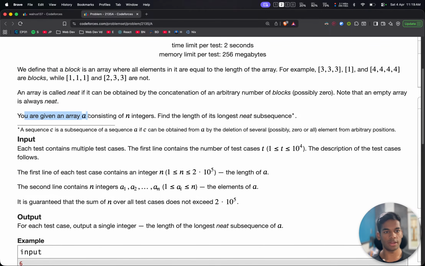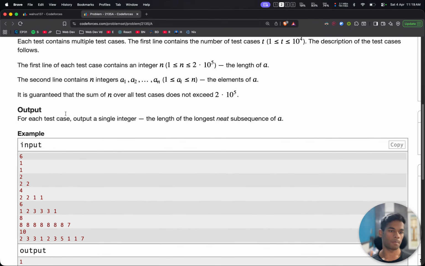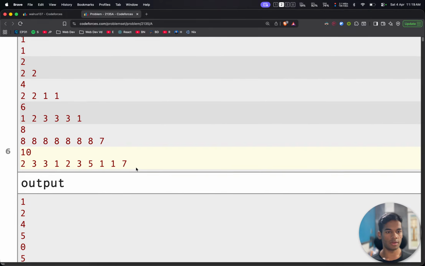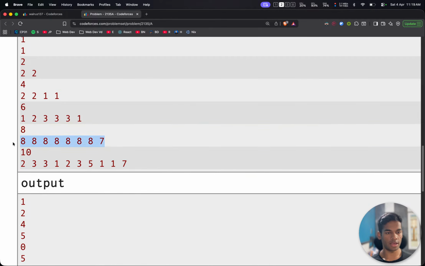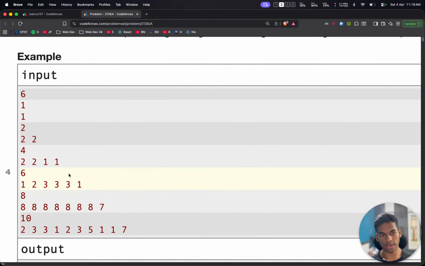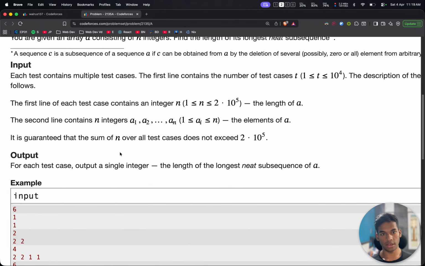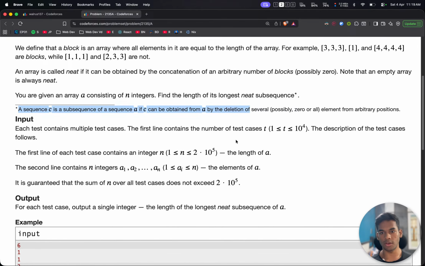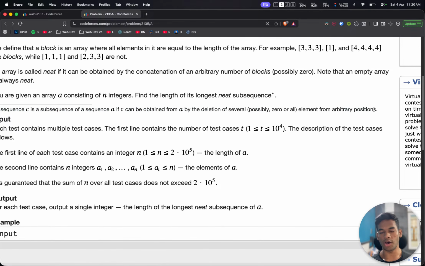Now you are given an array A consisting of n integers. Find the length of the longest neat subsequence. This means that here we have been given an array and we have to find the length of the longest neat subsequence. A subsequence C of A is obtained by deleting several elements from arbitrary positions.